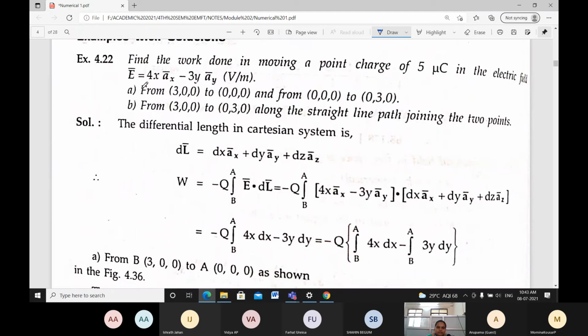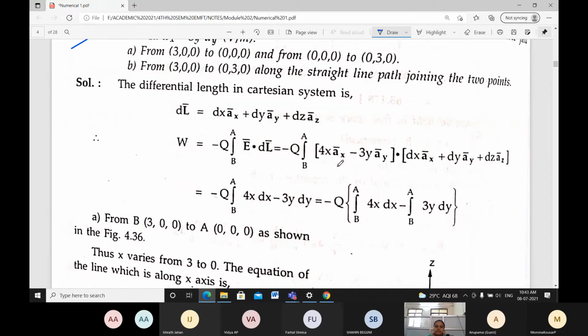Observe here, the first case is from 300 to 000, and the second is from origin to another location, 030. One more is from 300 to 030, x to y, here x to origin, here y to origin, along the straight line path joining the 2 points. This is the question given.